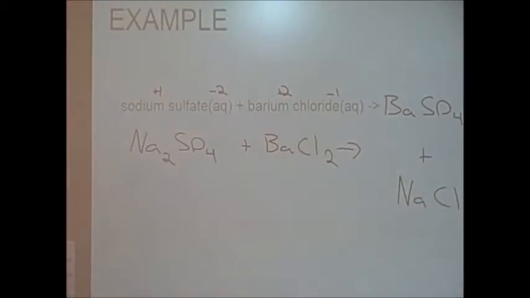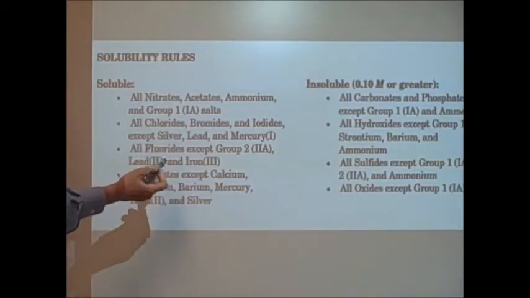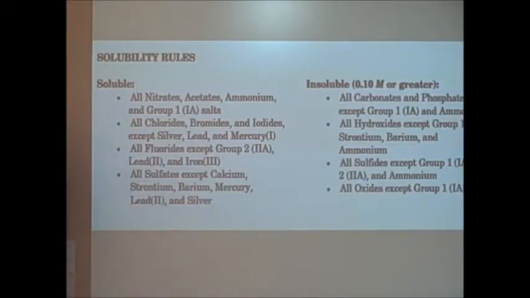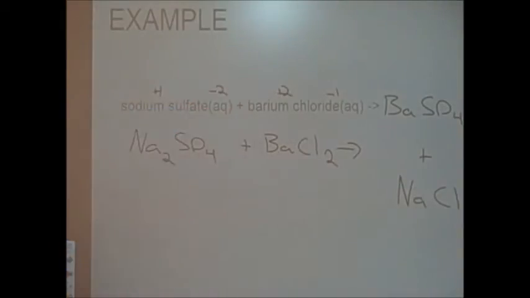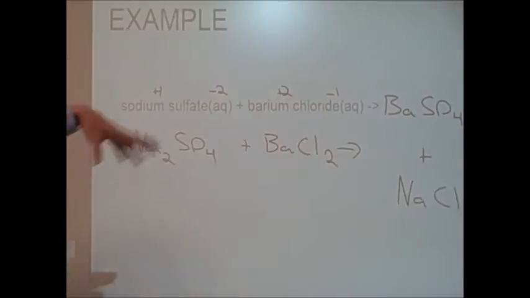Now we have to determine which one of these is soluble and which one is insoluble. So we look at our reference packet, and we know that all chlorides, bromides, and iodides are soluble, except silver, lead, and mercury. So we're looking for which one of our products is soluble or insoluble.